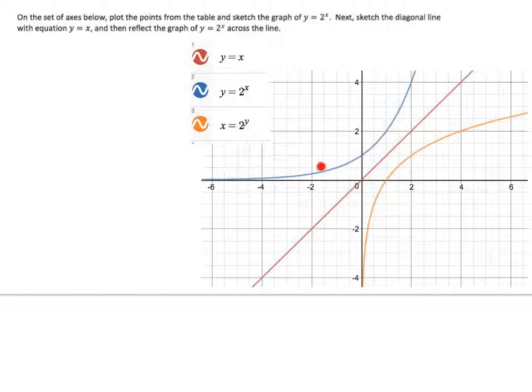If you go anywhere on this line and draw a perpendicular line through the line of reflection, you'll find the same point on the reflected line. So those two lines are equidistant away from the center.